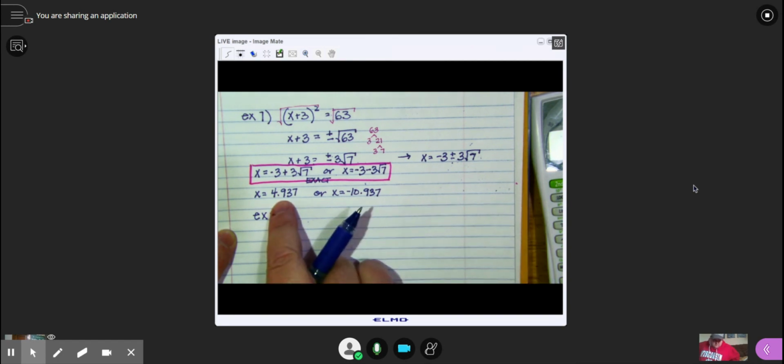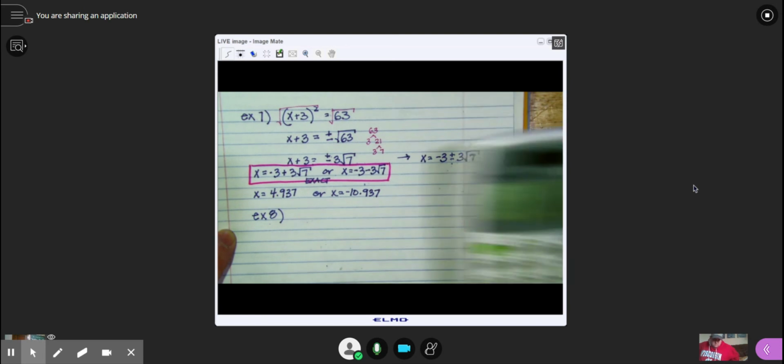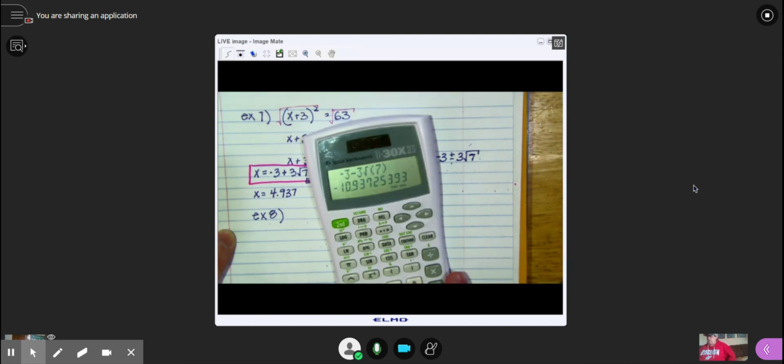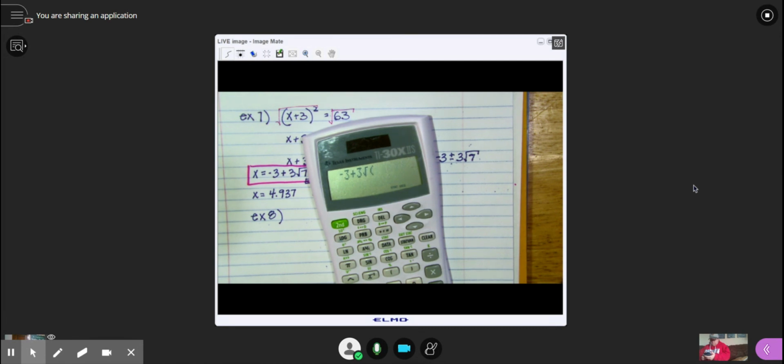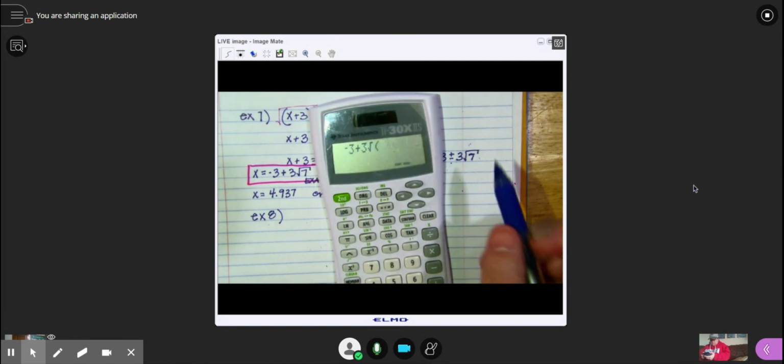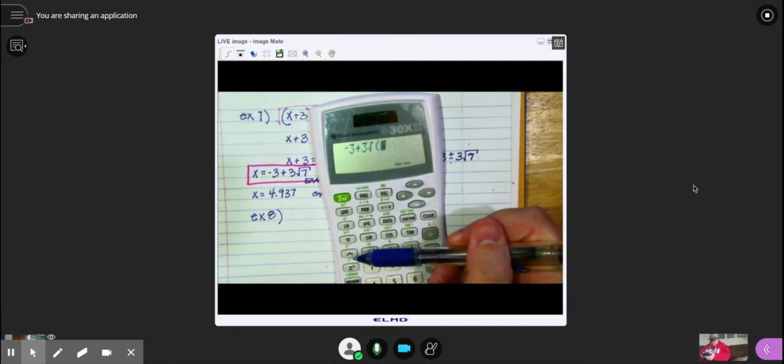I plugged it into a calculator. -3 plus 3 square roots of 7. -3 plus 3, and then I use my square root button. It's in the first column.